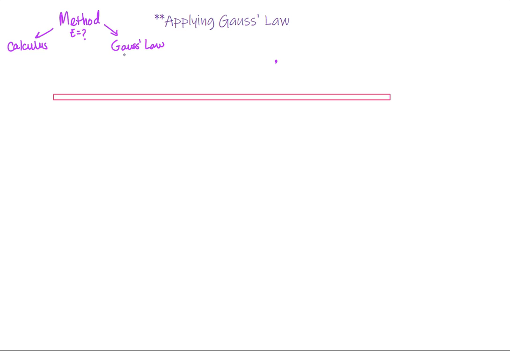So Gauss's law is employing a tool. You want to think of this as a tool, the concept of electric flux, symbolized here with phi sub E, and it equals, remember, two different expressions. One was the amount of electric field passing through a specific area, and here we're looking at an enclosed area.